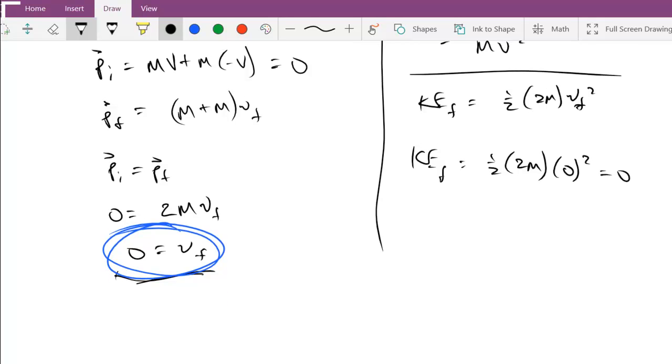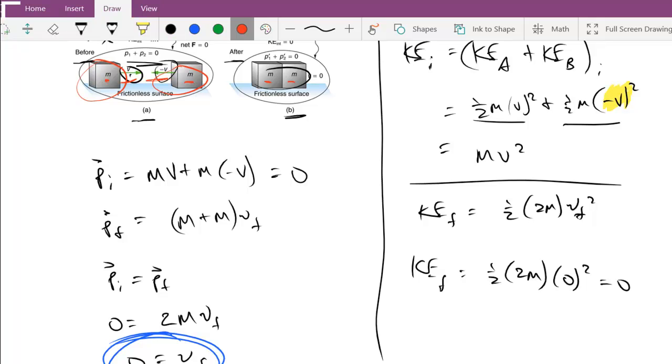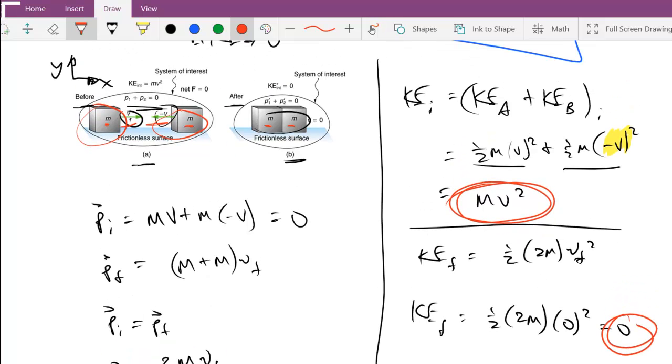So in the initial kinetic energy, we had mv squared. In the final kinetic energy, we have 0. All of the kinetic energy was lost. Now, not lost like it's gone forever. Energy is still conserved, but mechanical energy, and very specifically kinetic energy, is not conserved here.